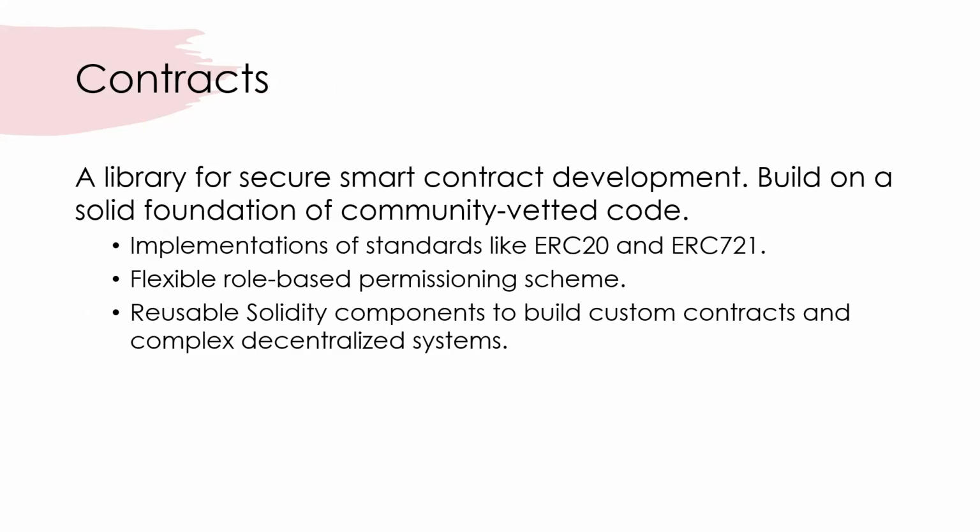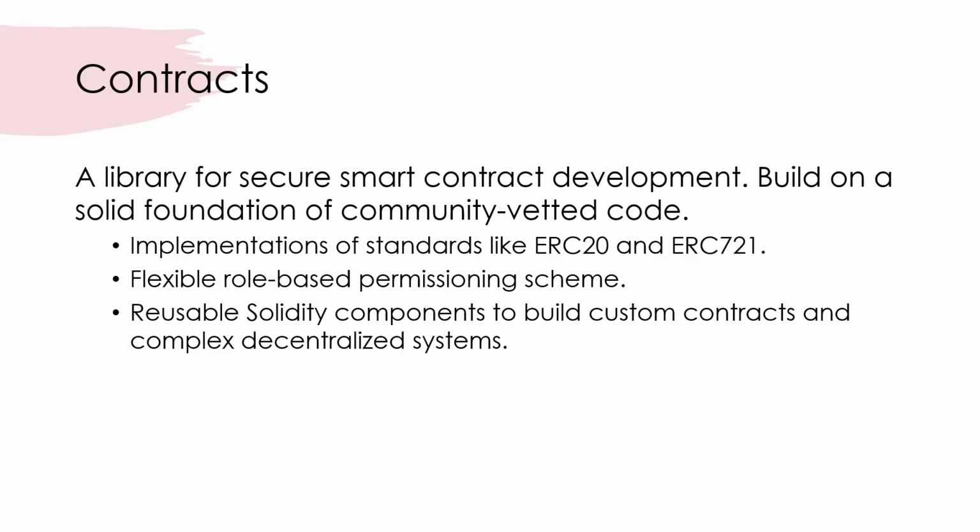The major things that OpenZeppelin provides are contracts, a library for contracts, a library for upgrades, and a library for security ops. And that one is called Defender. And upgrades are essentially libraries for tooling and scaling and all that stuff.